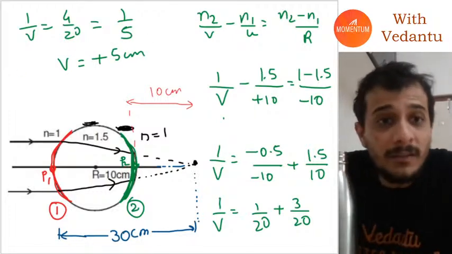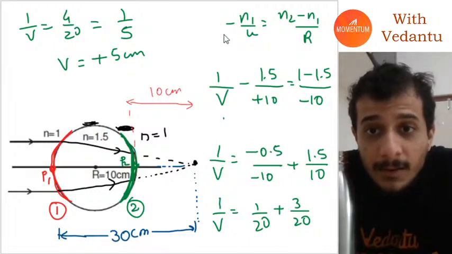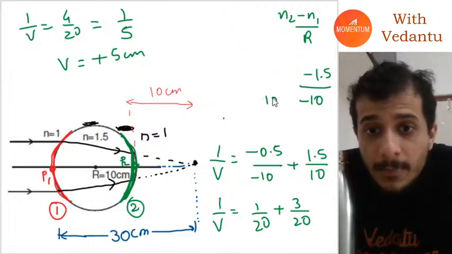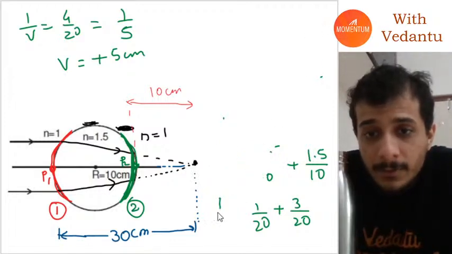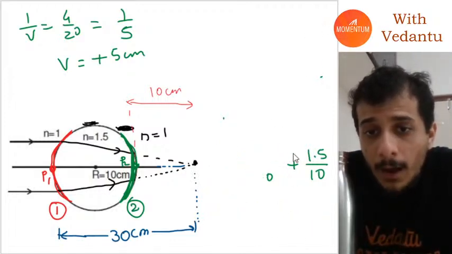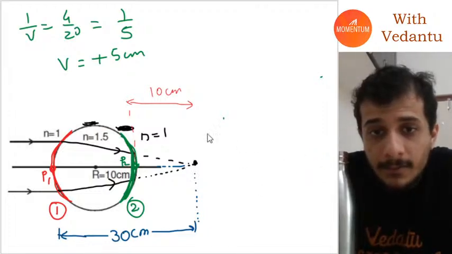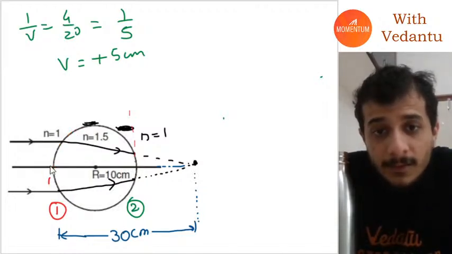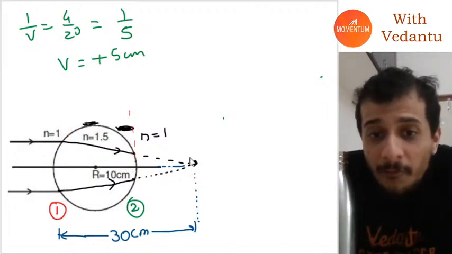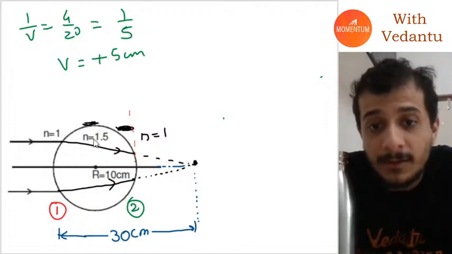Okay, now what does that mean, guys? What does that exactly mean in terms of where the image will be formed? What is going to happen essentially is this. These two rays would have met at a distance of 30 centimeter.